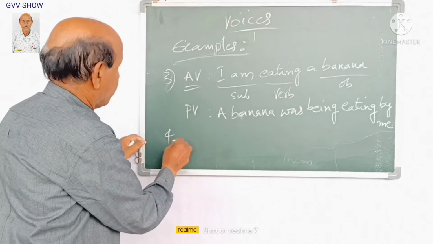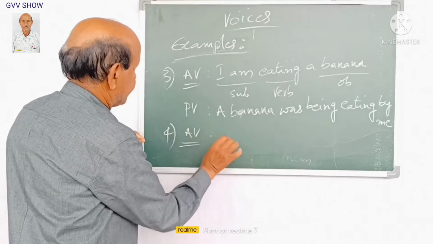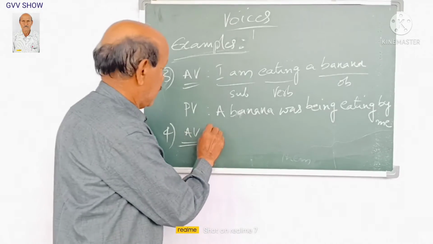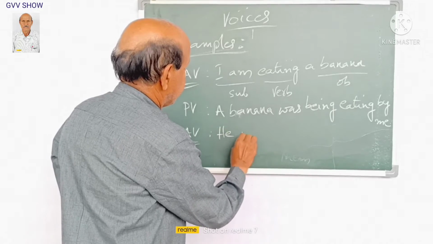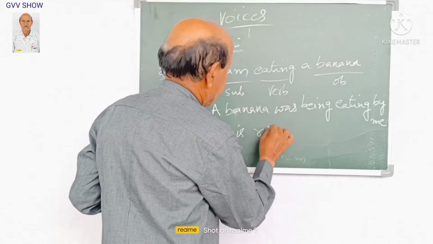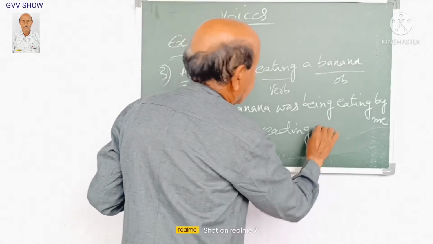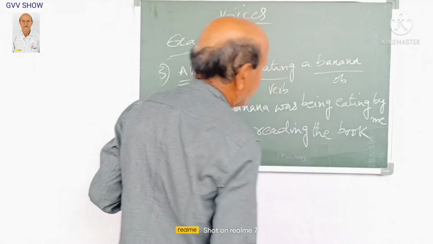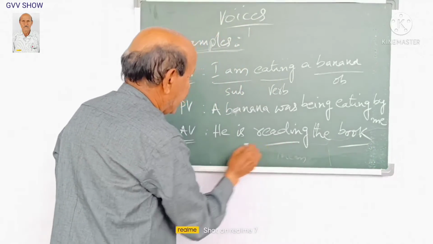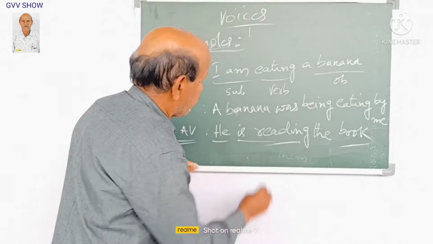Number four, one example is active voice. He is reading the book. Here the book is reading, he is reading is the verb.